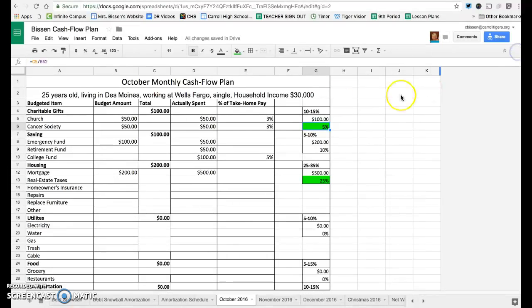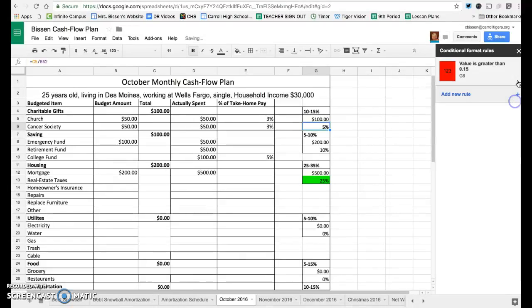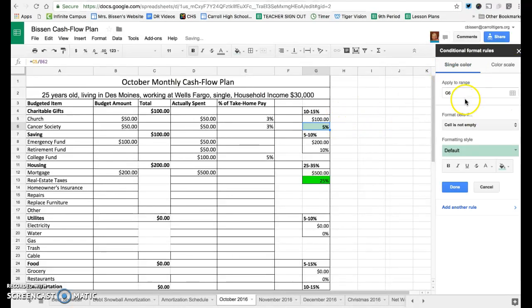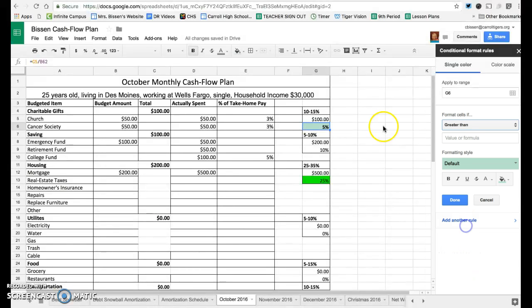And this wouldn't be in there if I hadn't done it already. Okay, so this is what it would look like. So I'm going to add a new rule and say, okay, if this is greater than 0.15 or 15%, then I want it to go to red.